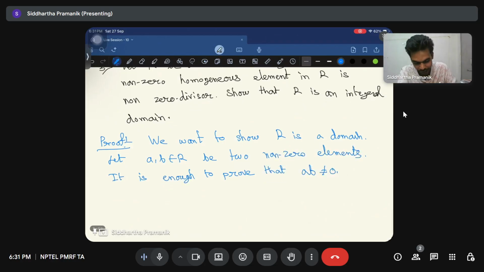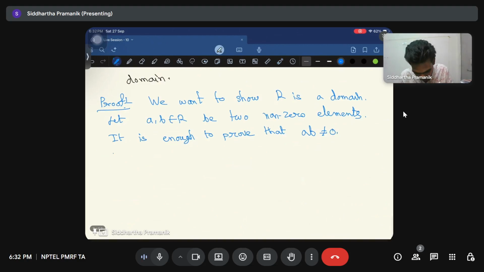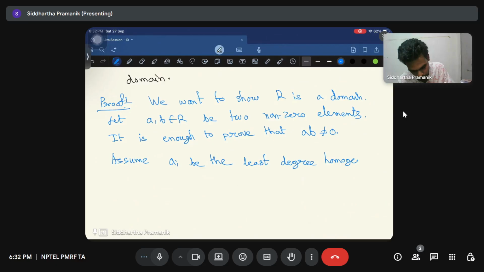Now A and B are arbitrary elements of R, so we can write down the homogeneous decomposition of these elements, but let's not go into that much detail.